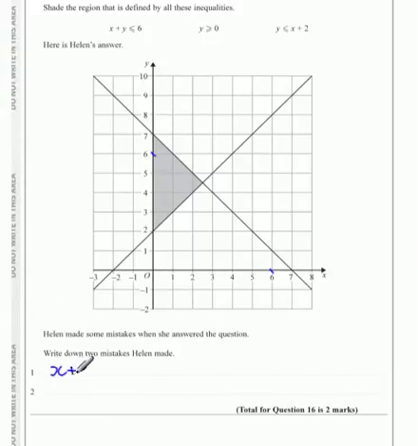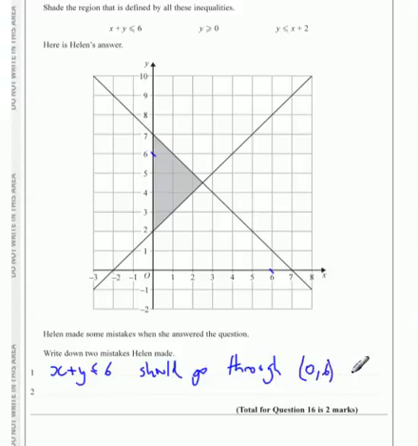So x plus y is less than or equal to 6 should go through, writing down the coordinates, 0, 6 and 6, 0. So incorrect there.